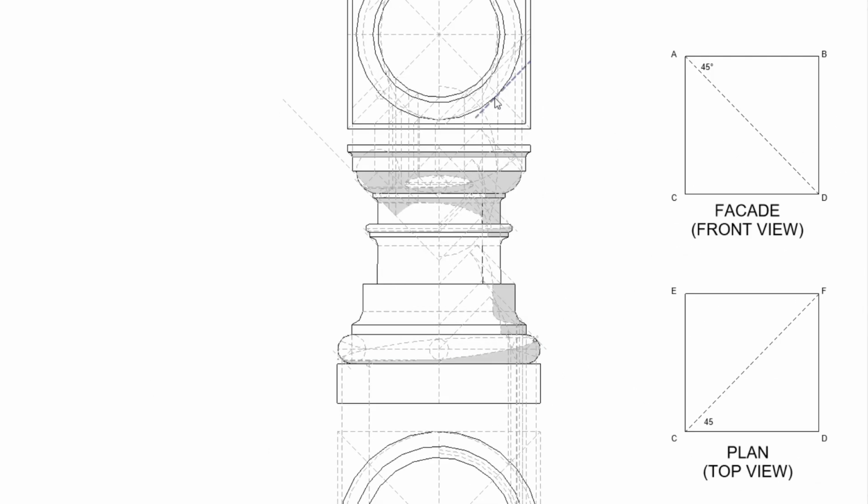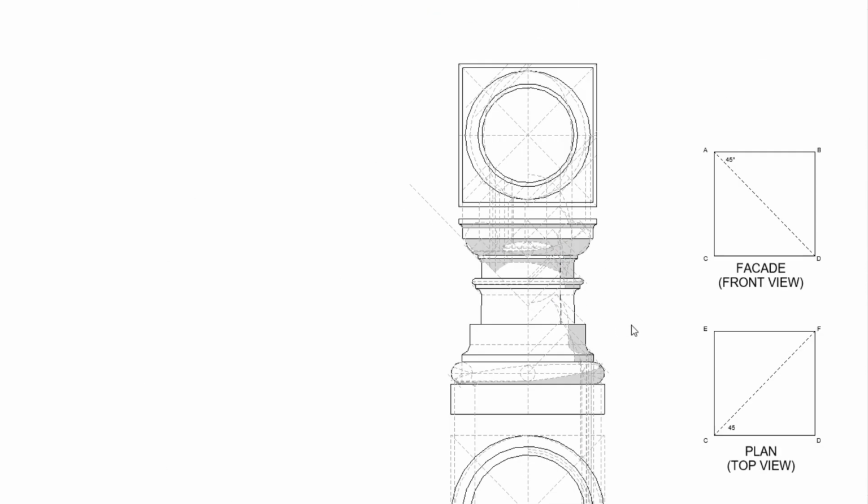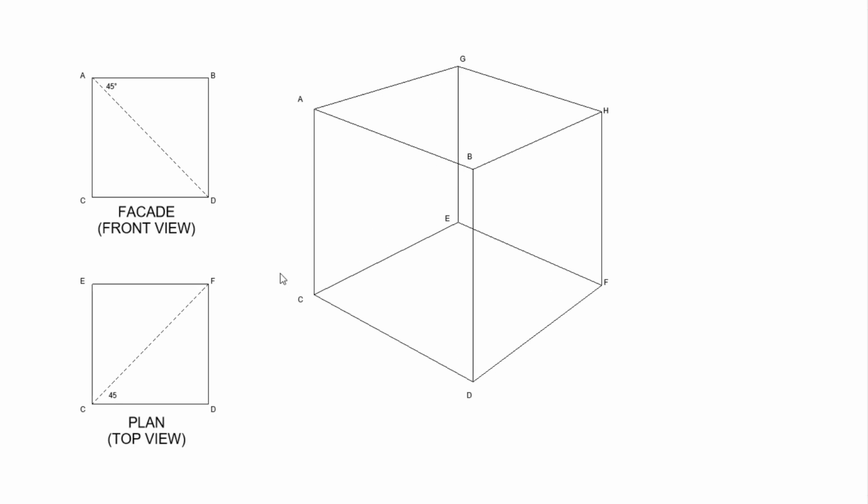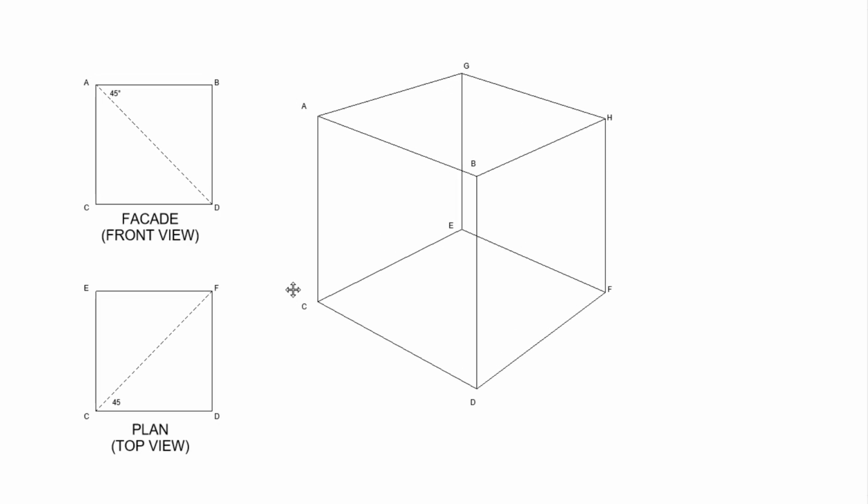This is a great demonstration of what you're going to be doing, but it's not the first lesson. The first lesson is over here. You can see I've drawn the front view and the top view of a cube, and here's the 3D perspective view of that cube. The perspective view is not that good.